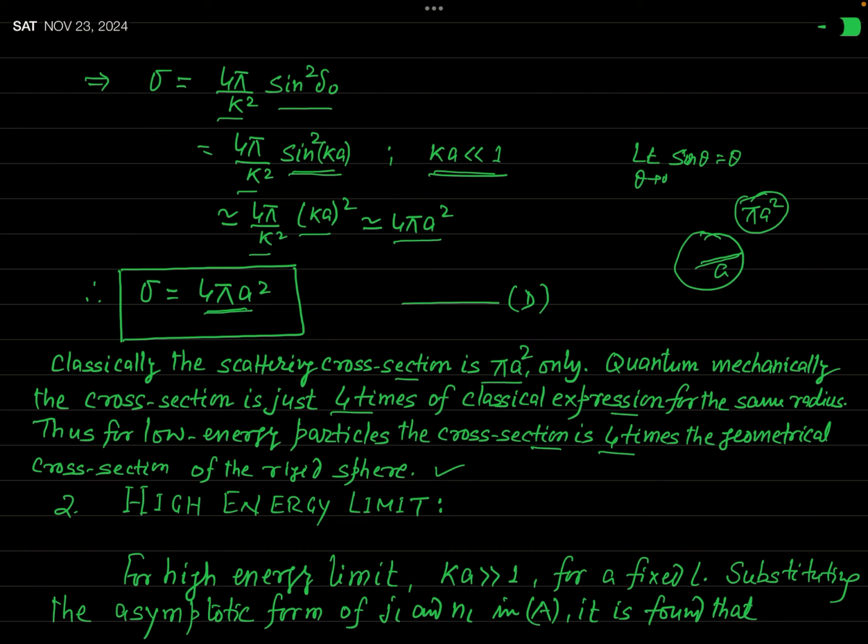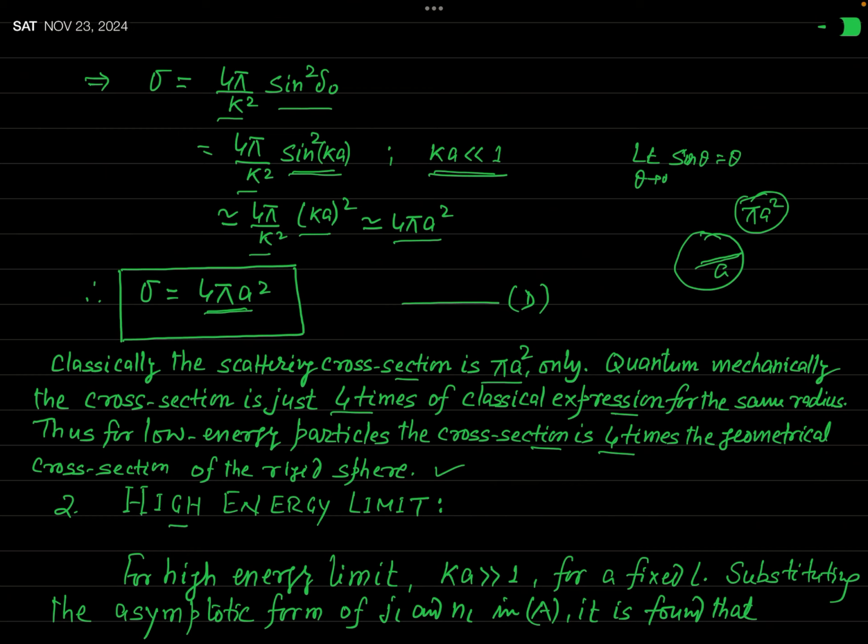Now, after getting the idea of the low energy limit for the calculation of total scattering cross section, let us see how we can find the total scattering cross section in the high energy limit. Here the situation will be just reverse.